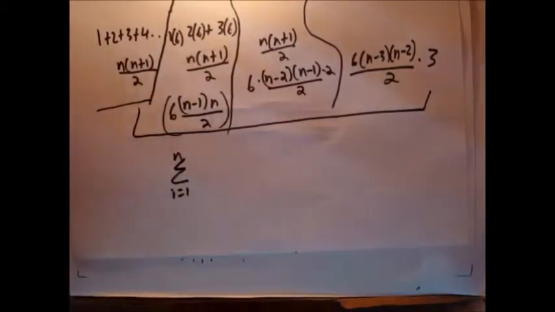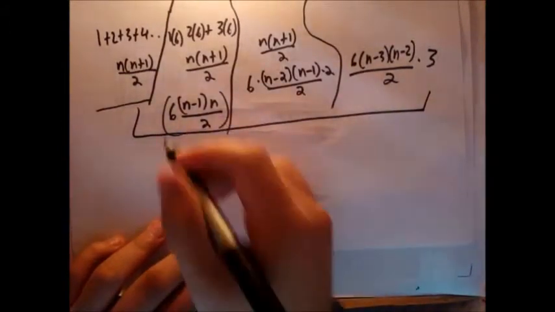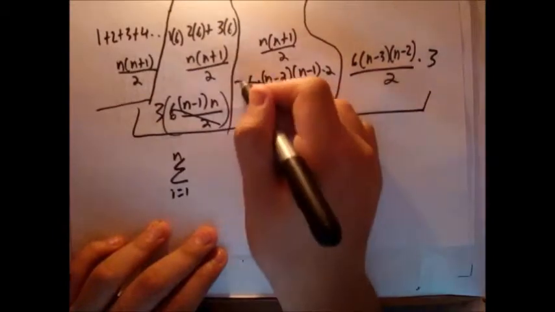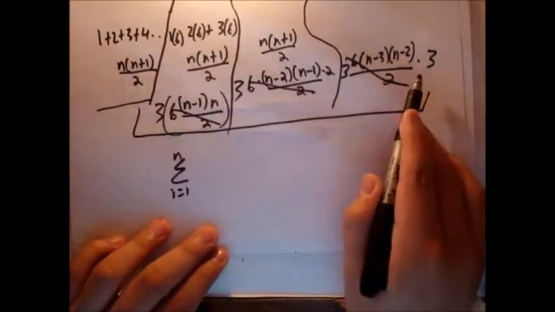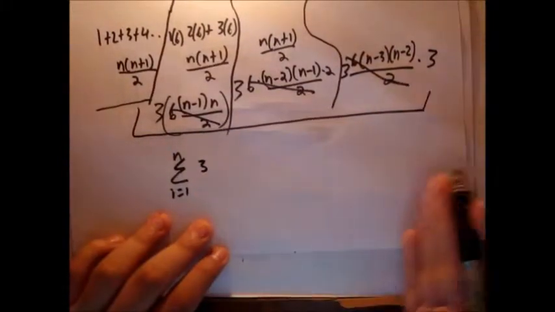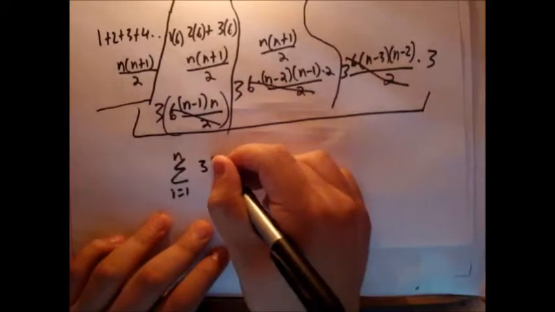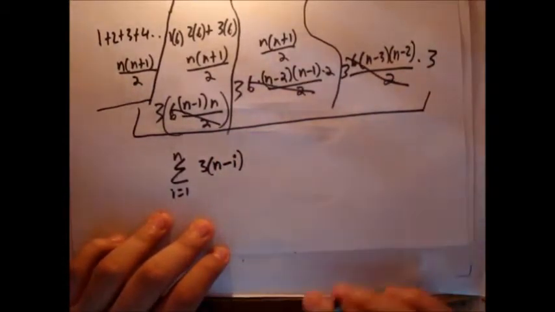So right here, we're actually going to simplify. 6 divided by 2 is always 3 for all of them. See how there's always going to be a 3 there. And now this number we're going to take into account right now. So we're going to write 3, because all of them look like they have a 3. Then we're going to write n minus i. Now, why did I just do n minus i?